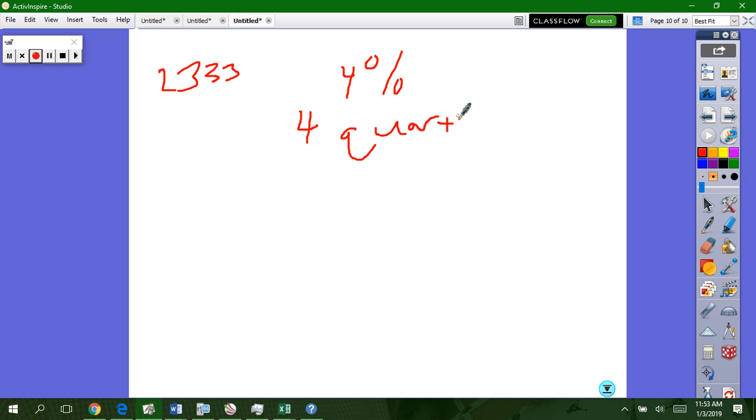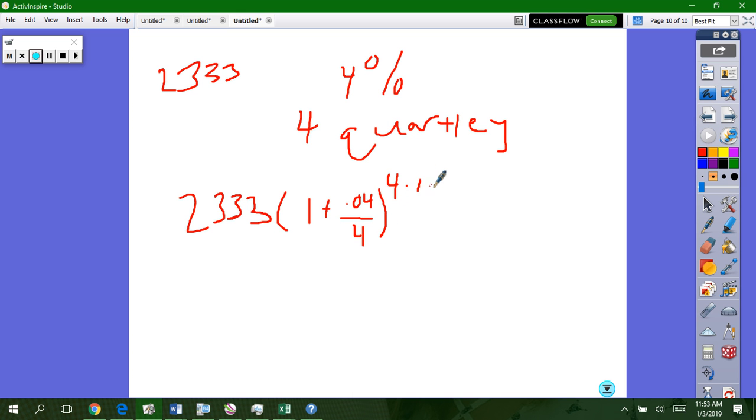Sorry, guys. 2,333, because that's the amount of money that we are now saving because we're not putting that into our payment. Right? Does that make sense to everybody? So we're going to do it for 15 years. So this is our principal, 2,333, parenthesis, 1 plus 0.04 divided by 4, to the 4 times 15.